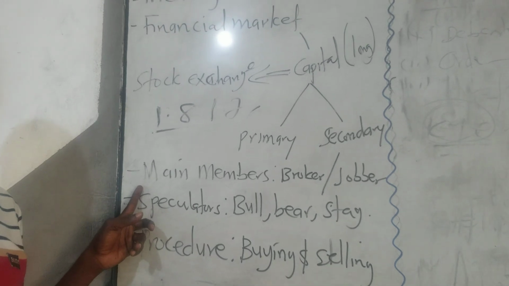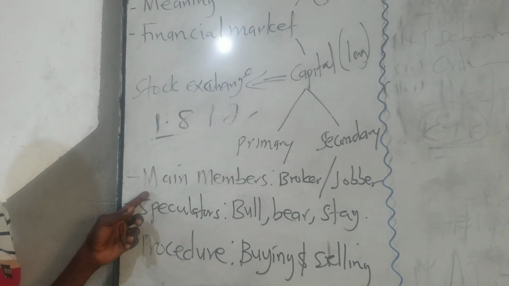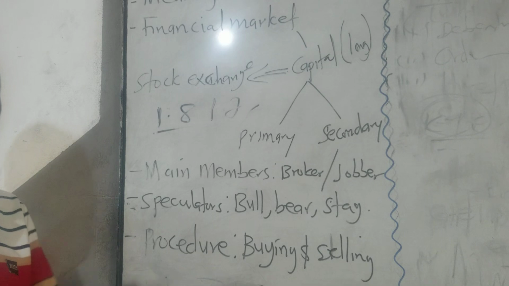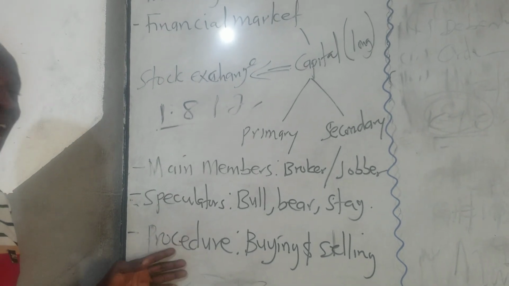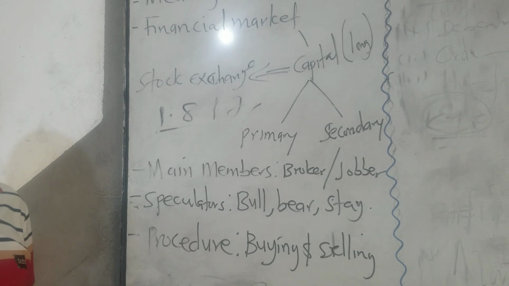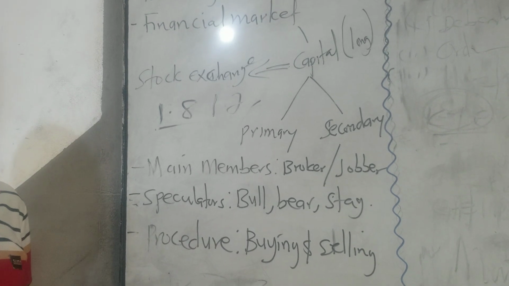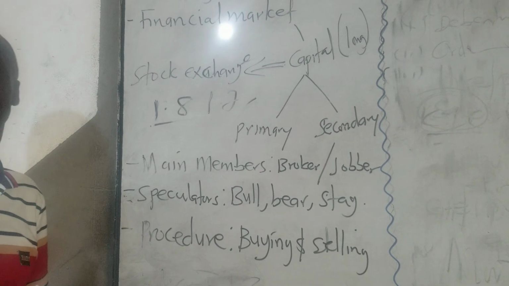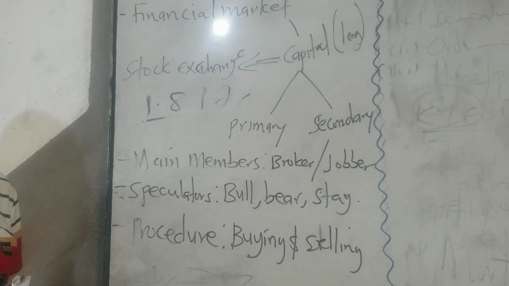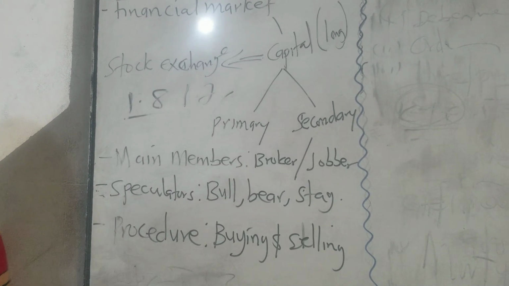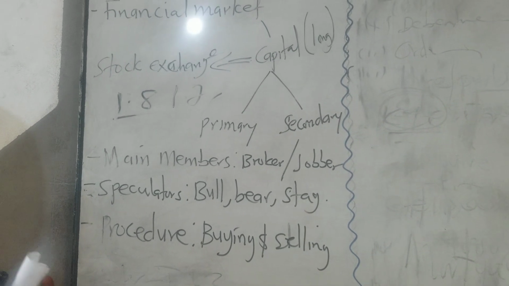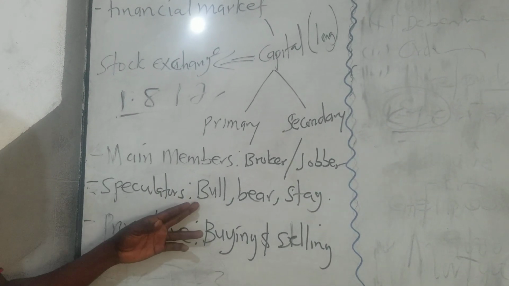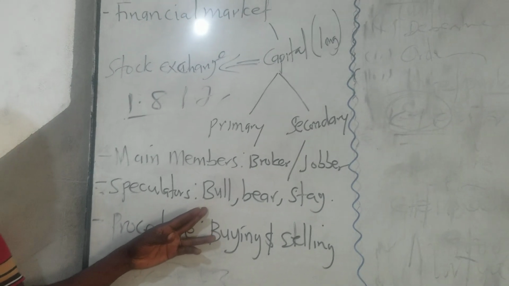Then we came to the members at the stock exchange or the stock market. The two main members are the broker and the jobber. We have explained that one. Then apart from the two, we have other dealers in the stock market: the bull, the bear, and the stag.